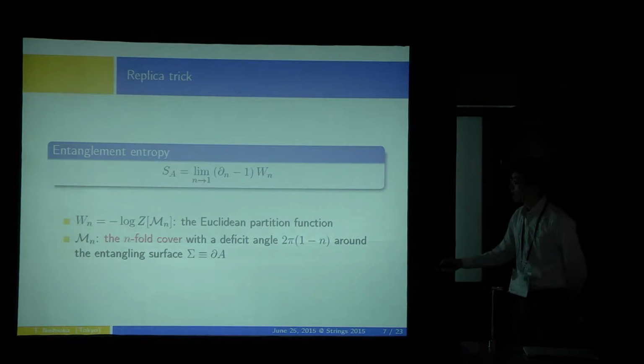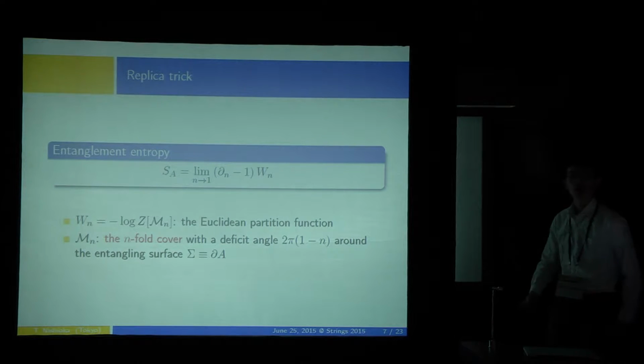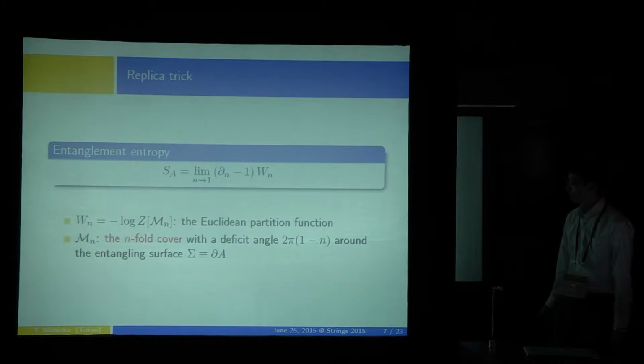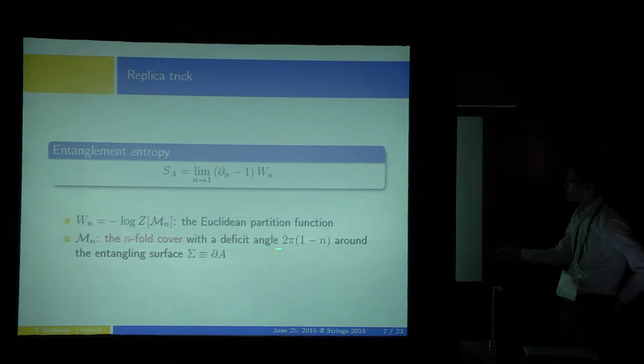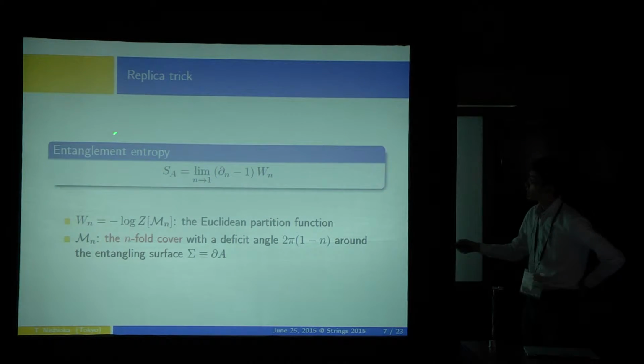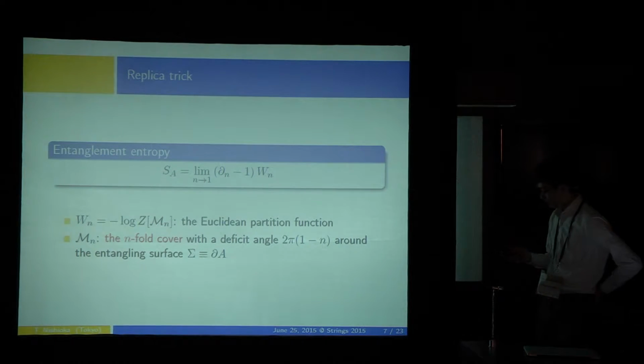This n-fold cover has a deficit angle 2 pi times (1 minus n) around the entangling surface. The entangling surface is a boundary of the region A. So we have a manifold which has a singularity around the entangling surface. Once we can calculate this quantity, then we know what the entanglement entropy is in quantum field theory.